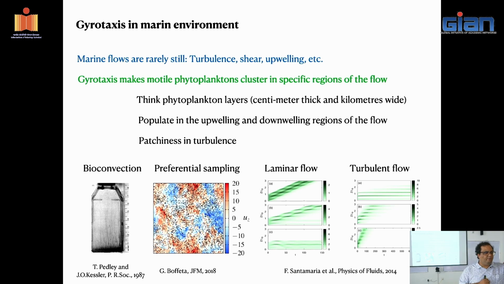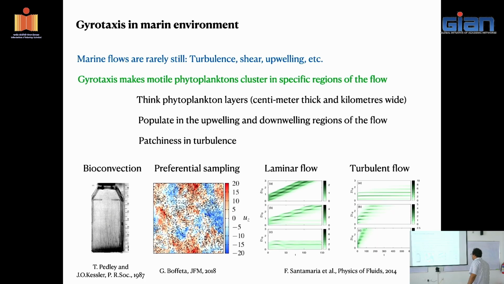Okay, so earlier we were talking about bacteria, now we are talking about phytoplanktons, and what you can see is that when these phytoplanktons cluster, they can form thin phytoplankton layers which are centimeters thick but can be kilometers wide, and it can be disastrous for the marine ecosystem. That's why people are interested in understanding these.